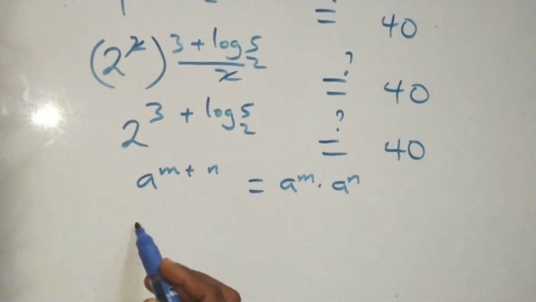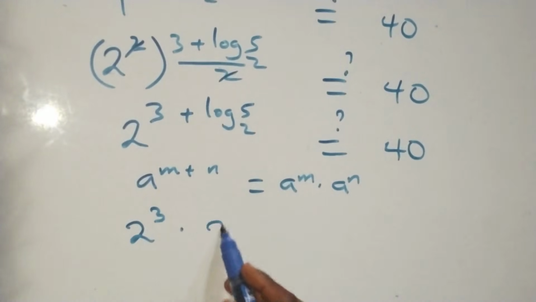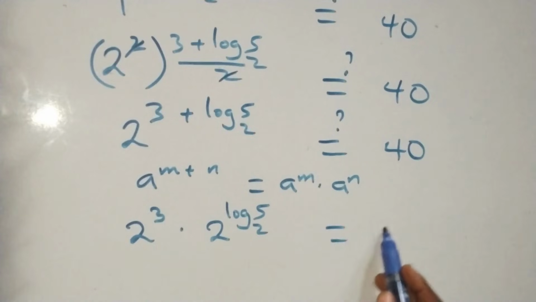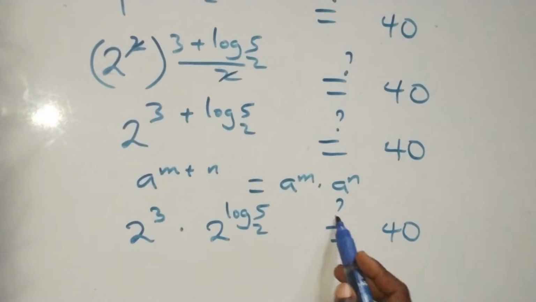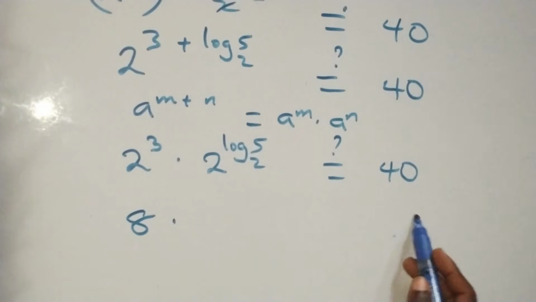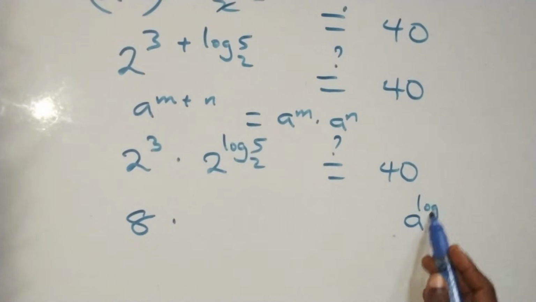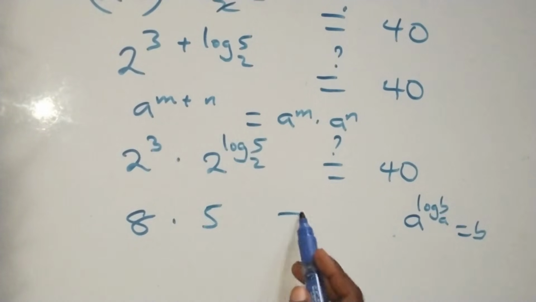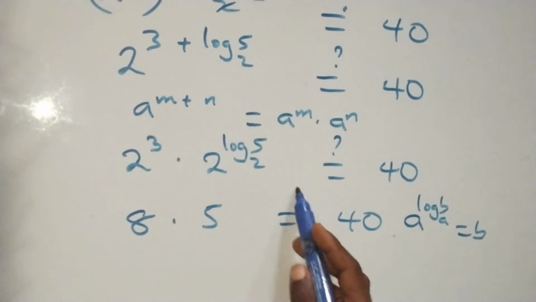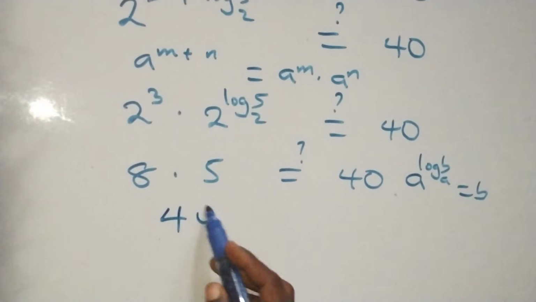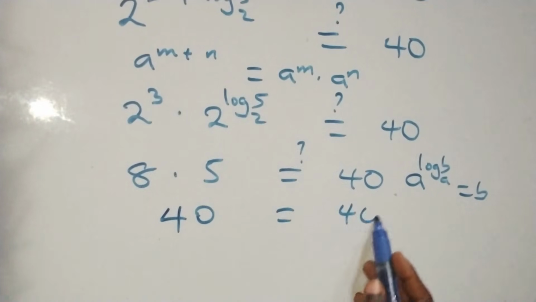Here we have 2 raised to power 3 times 2 raised to power log 5 base 2 equals 40. Then 2 raised to power 3 is 8, times, and this follows when we have a raised to power log b to base a, which is equal to b. Here we have 5 equals 40 on this side. Then 8 times 5 gives us 40, which equals 40 from here.